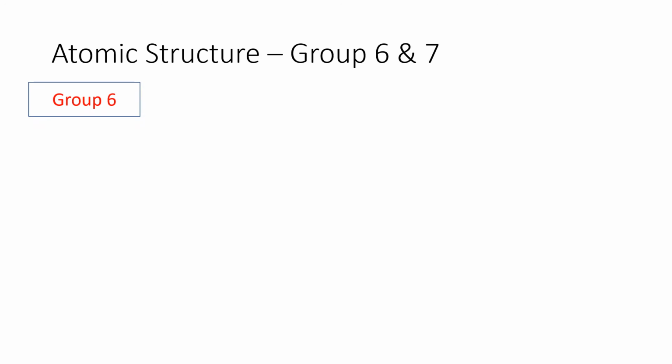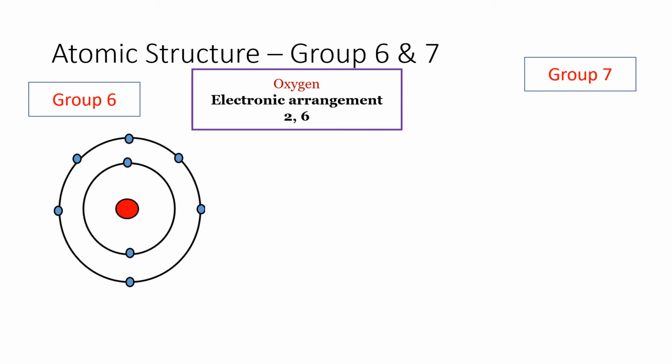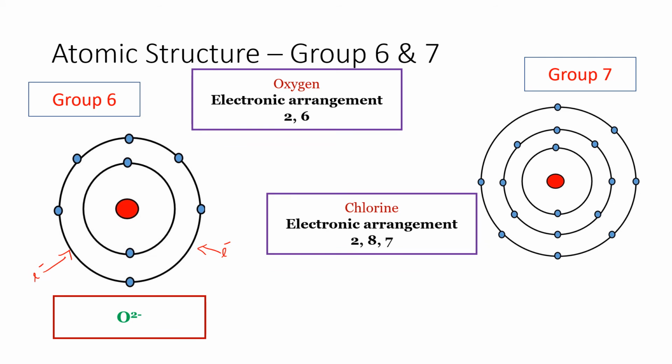Elements in group 6, for example oxygen, its electronic arrangement is 2,6, gain 2 electrons and become 2 negatively charged. Group 7, for example chlorine, its electronic arrangement is 2,8,7, gain 1 electron and become 1 negatively charged.